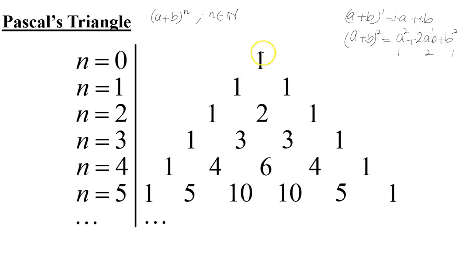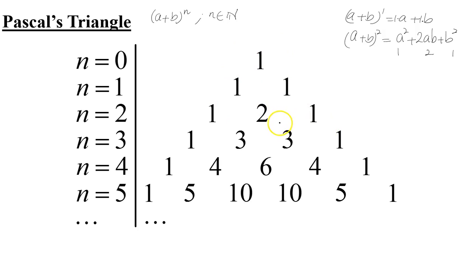So in order to move from one row to the next in Pascal's triangle, first of all, the coefficients at the ends are always 1, which you can see here at the ends of each row.